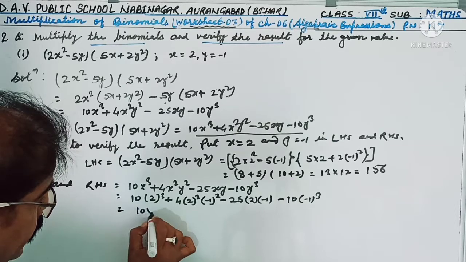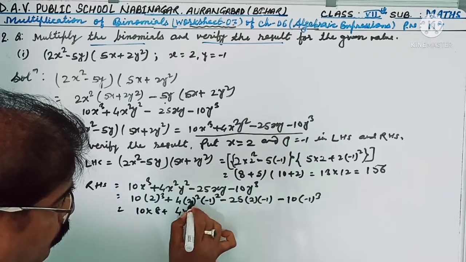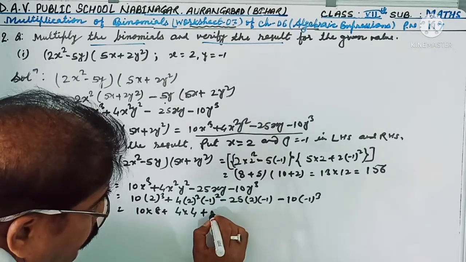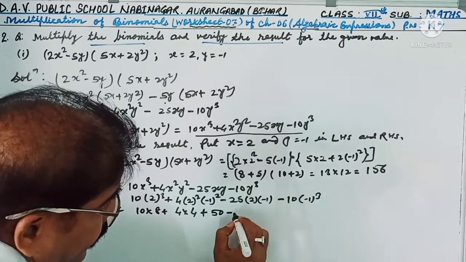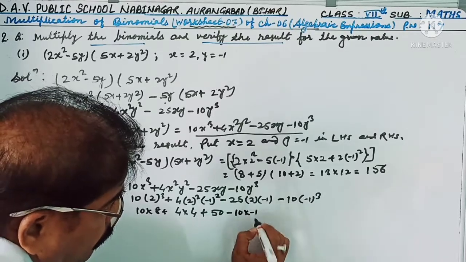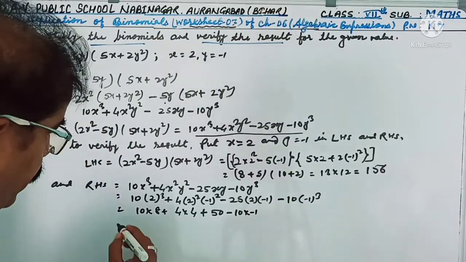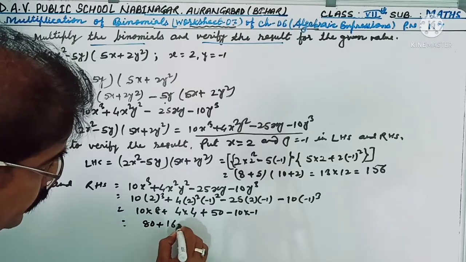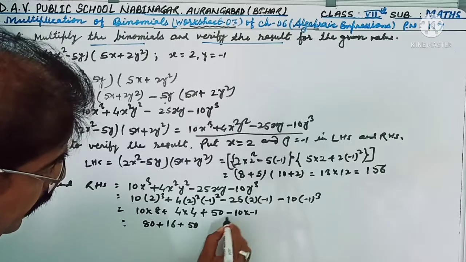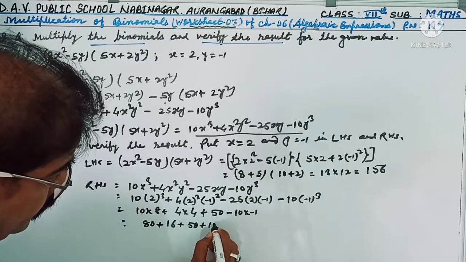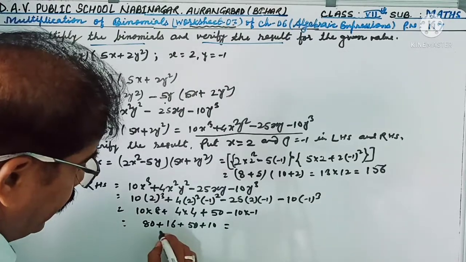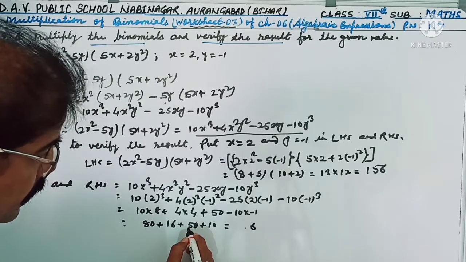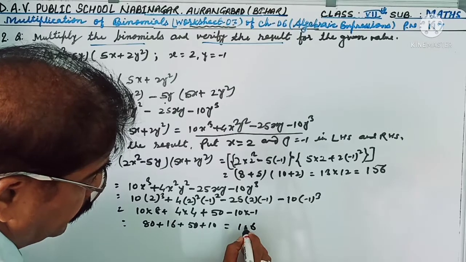So is equal to 10 times 8, 80, plus 4 times 4, 16, plus 50, plus 10, which is 80 plus 16 is 96, plus 50 is 146, plus 10 is 156.